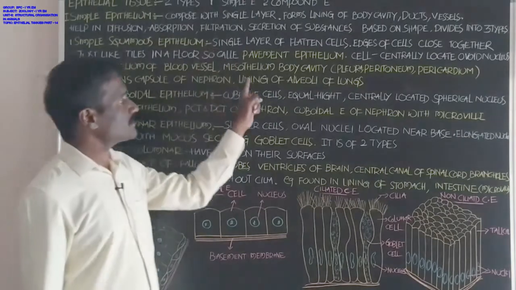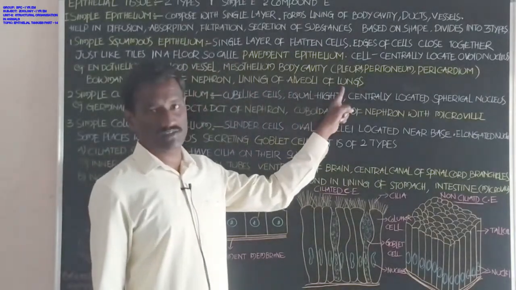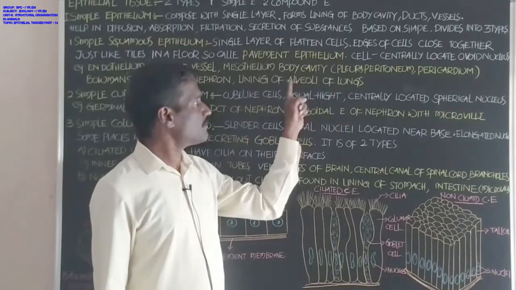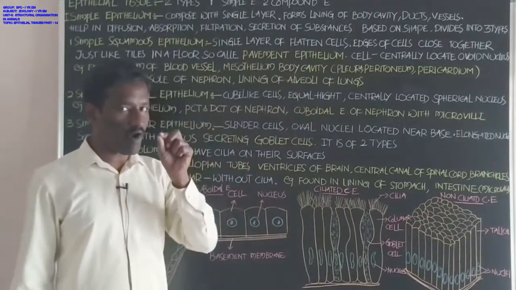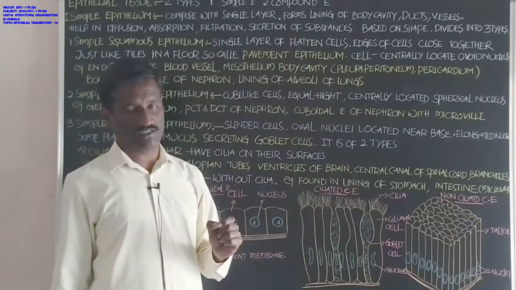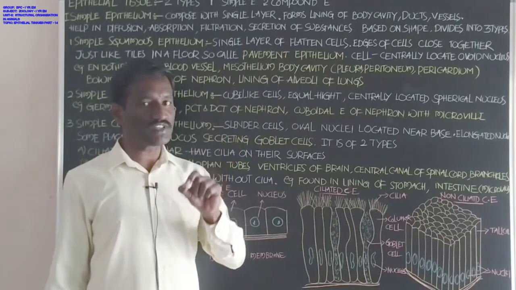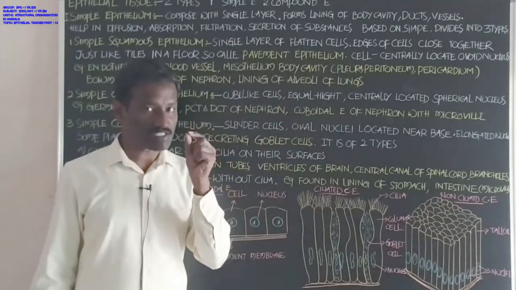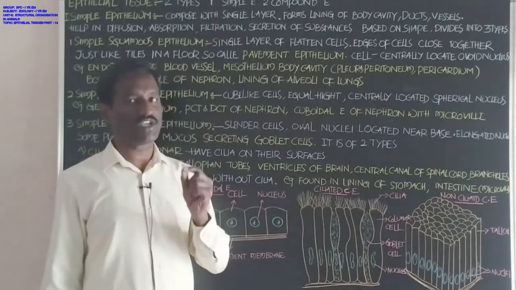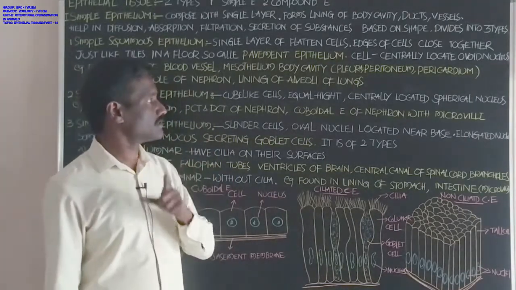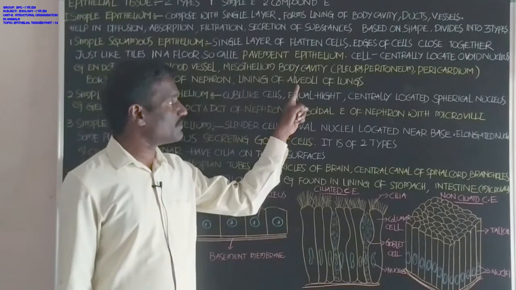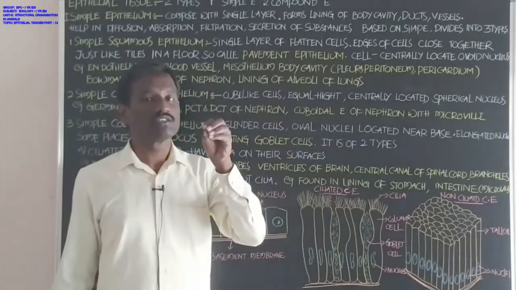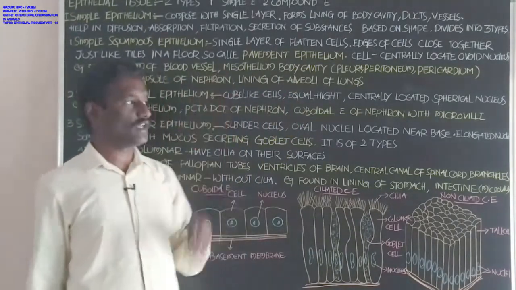Next, the lining of alveoli of the lungs. Students, alveoli are small sac-like structures filled with gas. These are the structural and functional units of each lung. The lining of the alveoli is simple squamous epithelium.